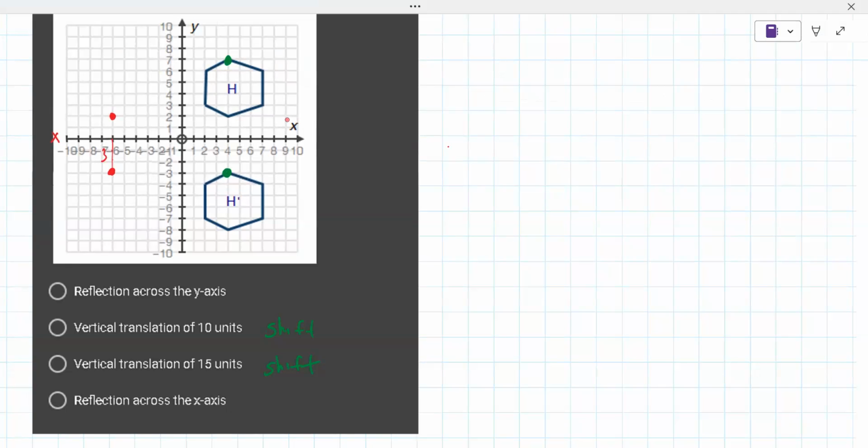So they've done a really good job of being deceptive here, because it does look like a reflection. And it almost is. When it reflects, every point is the same distance away. If it's 3 away, then it's gotta be 3 away.